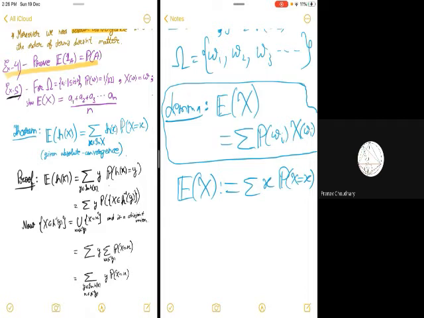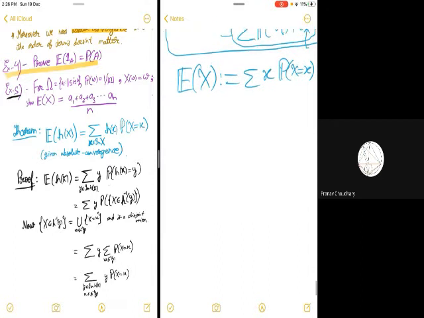So if we consider this sum, first we add only those outcomes such that X of that outcome is fixed.